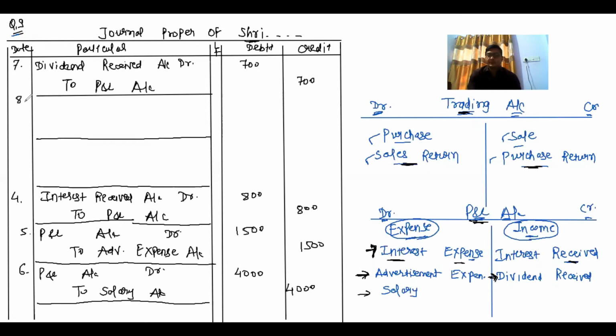Point number eight, purchase account. Purchase account is on the debit side of trading account. So trading account debit to purchase account. 5,000.